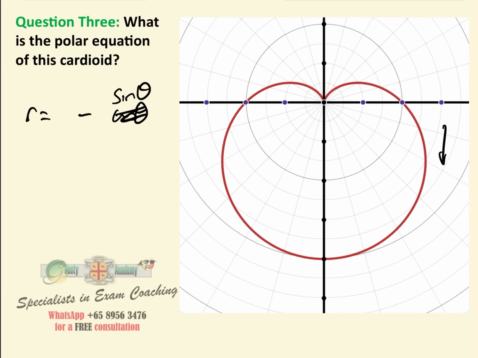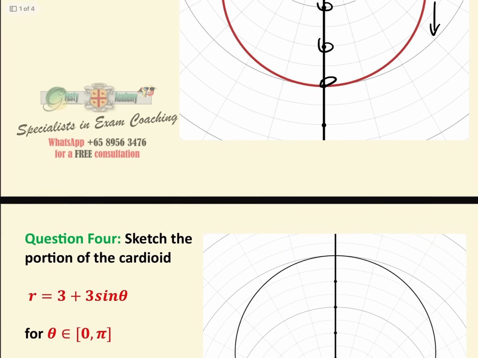So we know it's going to be something minus something sine theta because most of it's down there and it is symmetrical about the y. As the length is 1, 2, 3, 4, we know that this is going to be 2 minus 2 sine theta, and again we can see that it crosses at this point 2 and this point 2. So far, so good. Right, let's move to question 4.